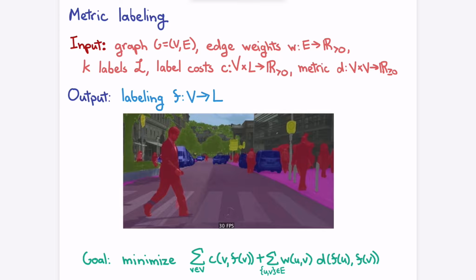For every pixel, I first have this cost: if I assign this pixel person or something, you pay this much. This might be some relatively primitive thing just based on the color of the pixel, the likelihood of being that label. The more interesting part is probably coming from here.